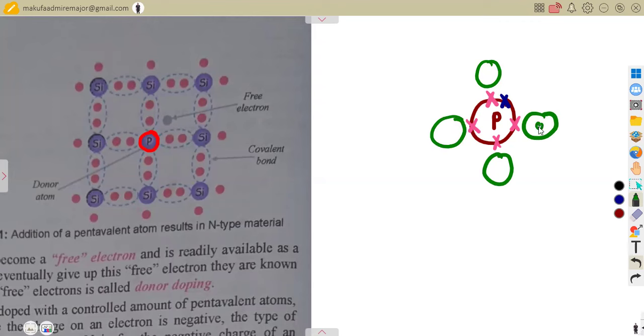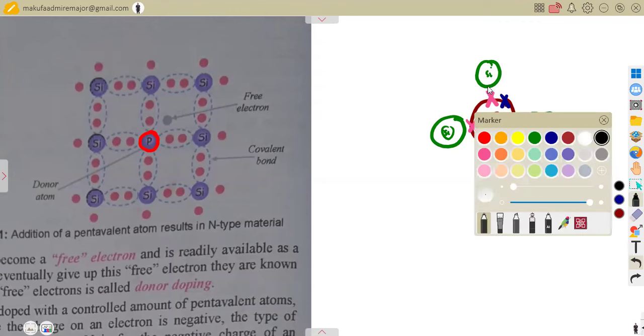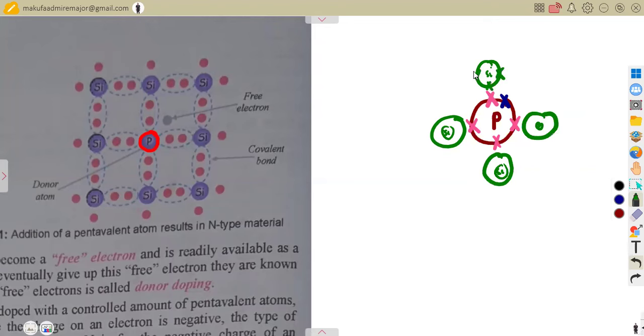That's our silicon. A silicon has 4 valence electrons, that means we've got 1, 2, 3, 4, and so on. This is for a silicon.